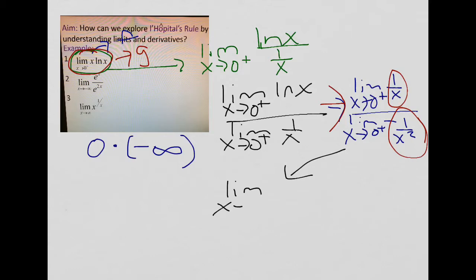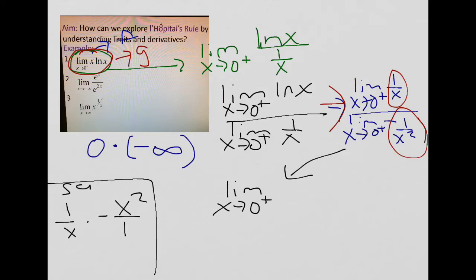We started out making a complex fraction. Now we're going to simplify it. 1 over x divided by negative 1 over x is the same as multiplying 1 over x with a negative x squared. So if we simplify this complex fraction, then we're getting a negative x.